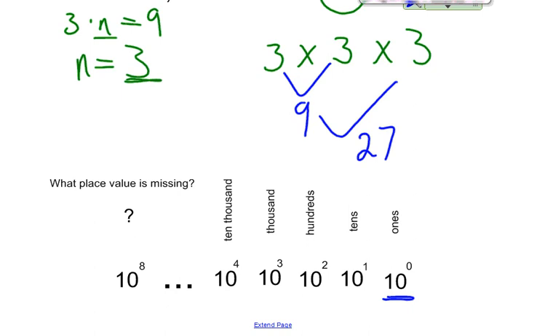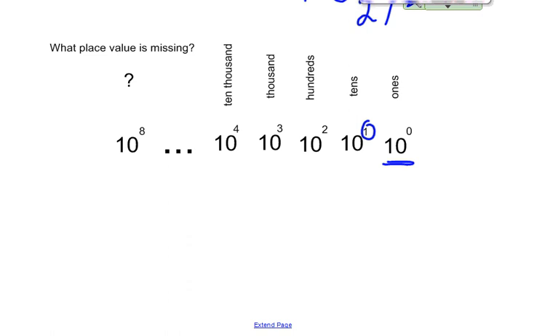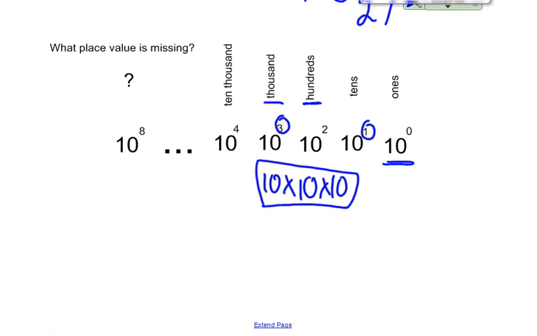Let's move on. 10 to the 1st power, right? 10 by itself, 10 one time is 10. Hundreds, right? 10 squared, 10 times 10, well, that equals 100. Just like here, we can see 10 to the 3rd is 10 times 10 times 10, which is going to give you 1,000.